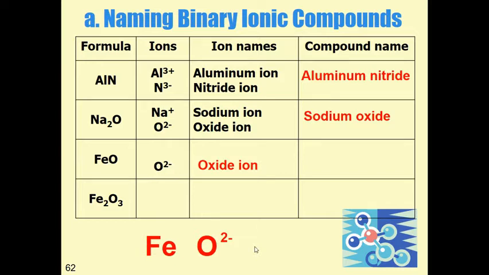Remember, our compound needs to be electrically neutral. It means the negative side must equal the positive side. Well, if the negative side is -2 and we only have one iron, then the positive side must be a +2. So that means you have an Fe2 plus. What is that guy called? Iron 2 ion. So now if we were to name this, we would name it iron 2 oxide.